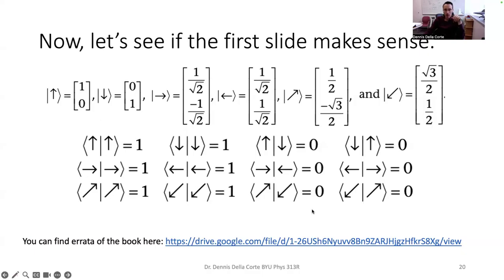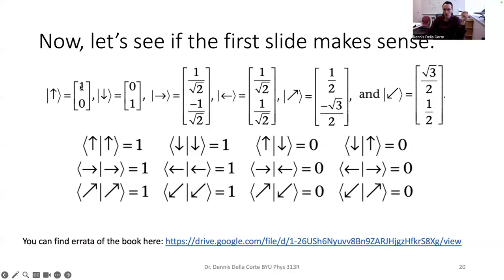Let's look at this one slide, this one image here, where we have all of these arrows. These arrows are representing different vectors that can form an orthonormal basis. So the up vector, maybe the spin up vector, if you want to call it like that, that's the one that goes 1, 0. Now you might say, but we always said this is the x direction.